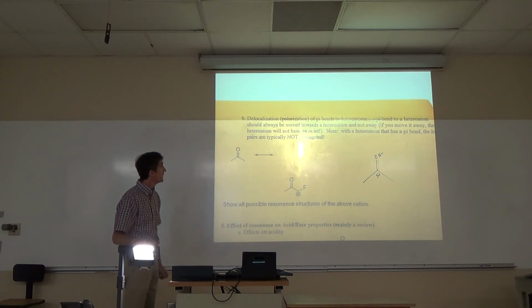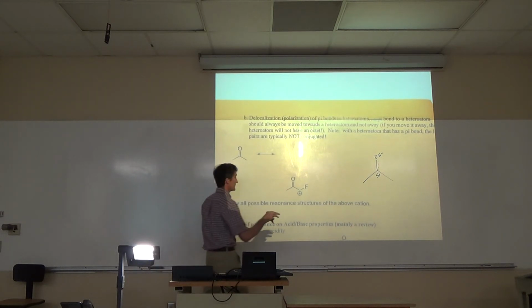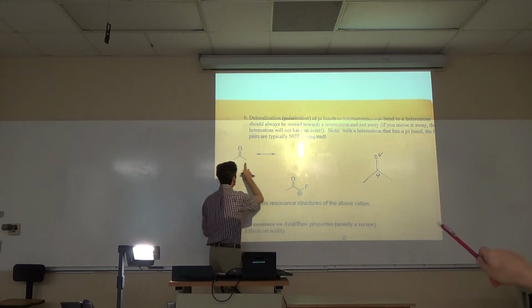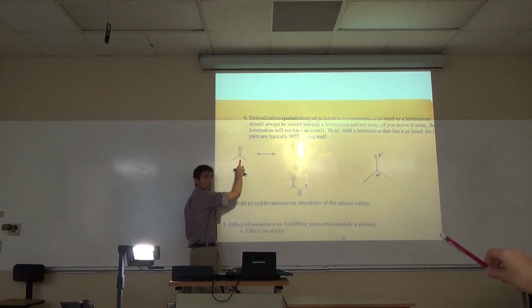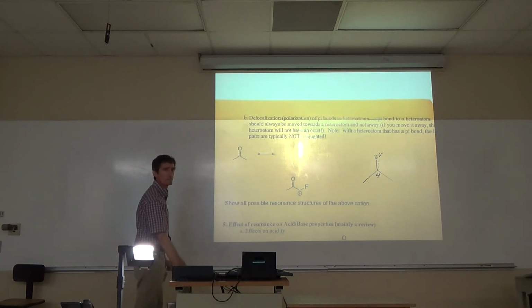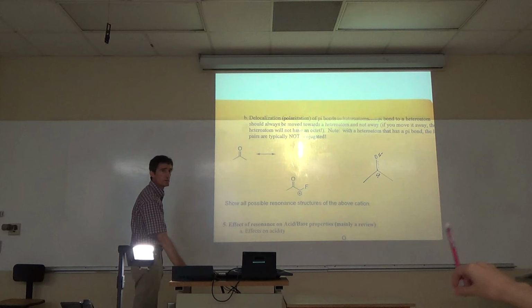Lone pairs are not typically conjugated. What's your question about the oxygen? The first structure that's just the ketone. So would that just be an exception to that rule? Exception to what? To the rule that the lone pairs are typically not conjugated when the... No, that's no exception.